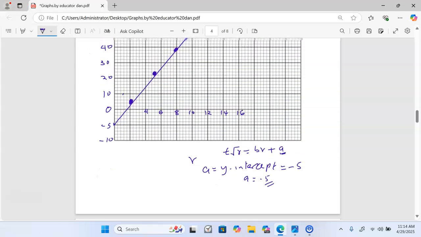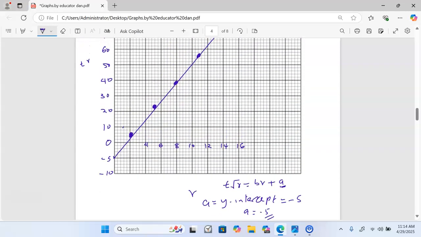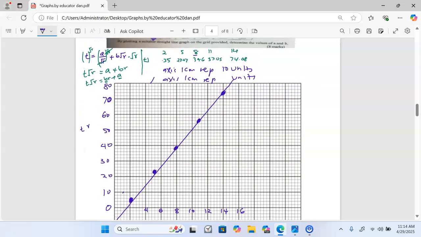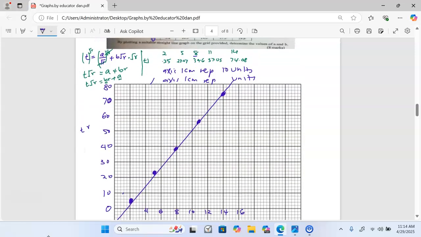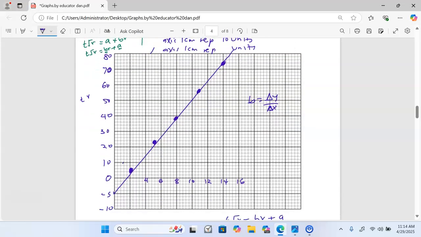And from this other point, we realize that B is the gradient, and to find B, we take the change in y over the change in x. For us to get that change, we can take any two given points and use them to get our gradient.